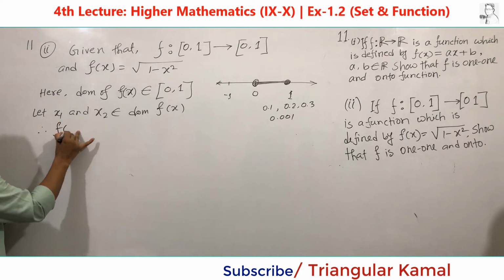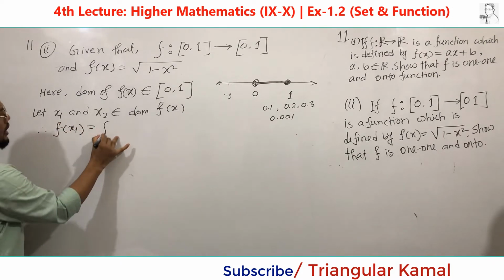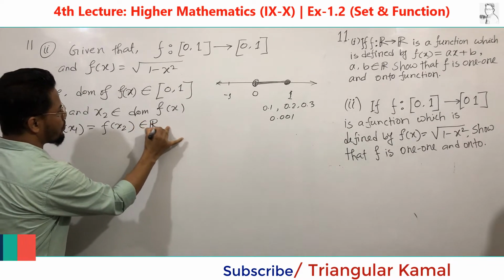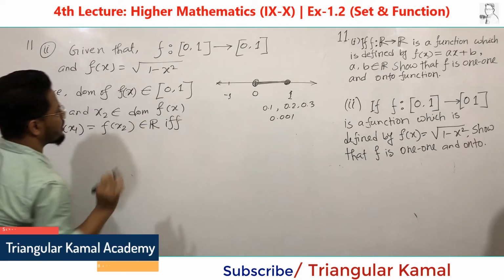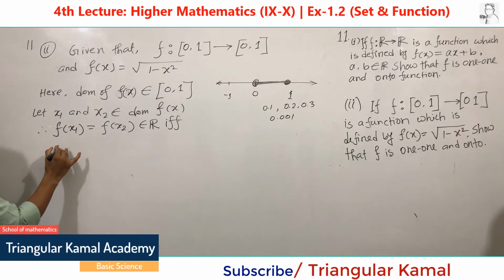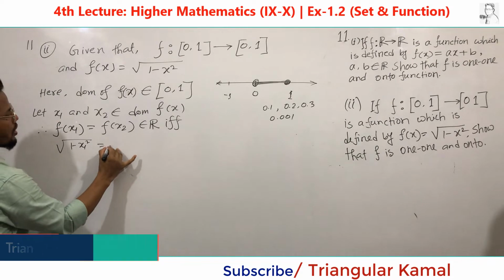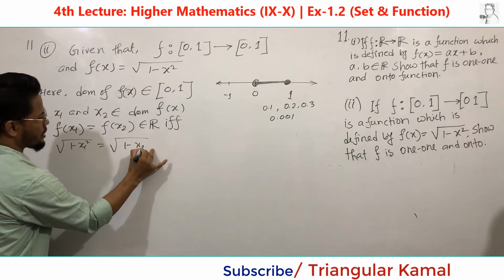So f(x1) equals f(x2) if and only if root over 1 minus x1 squared equals root over 1 minus x2 squared.